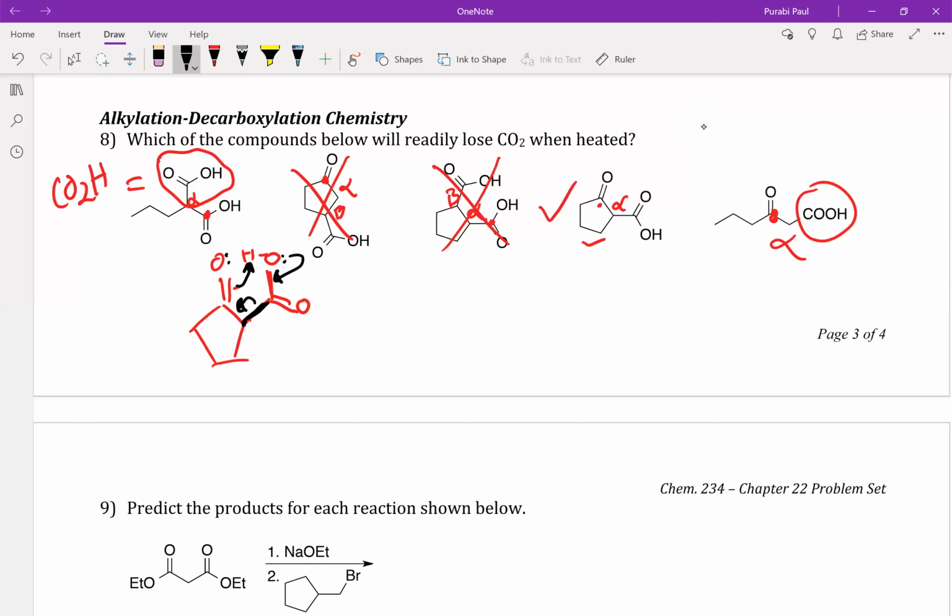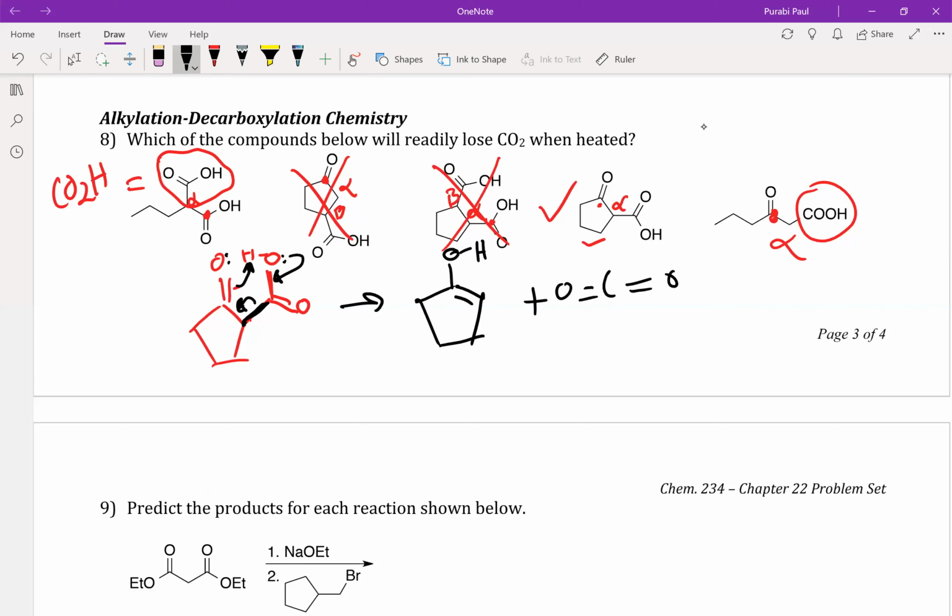How does that look? So if you remember, if we broke the C double bond O on the left here, that means there's a single bond, and you grabbed an H, right? And you made a double bond right here, plus CO2.